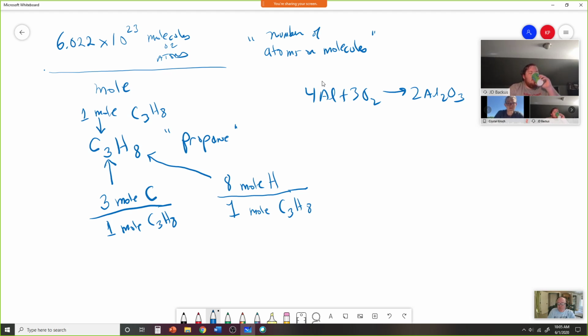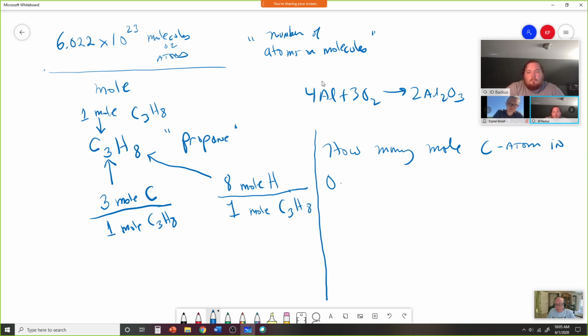And so this ties into a question that looks like this: how many mole carbon atom in 0.5 mole C3H8?